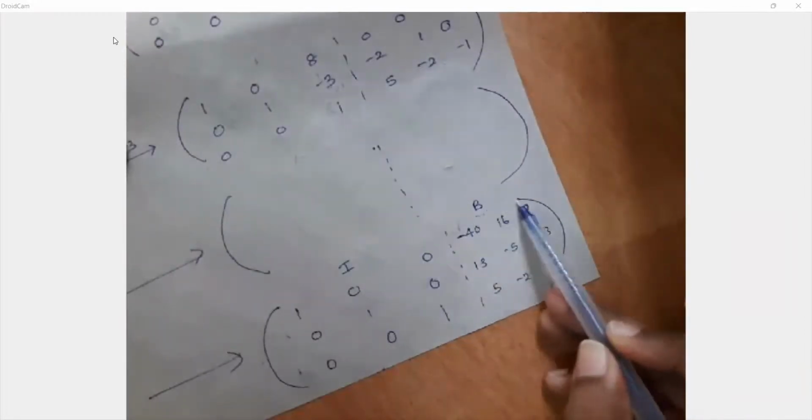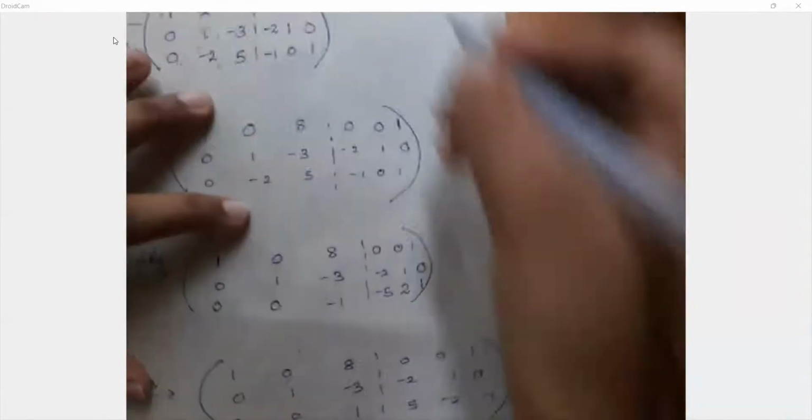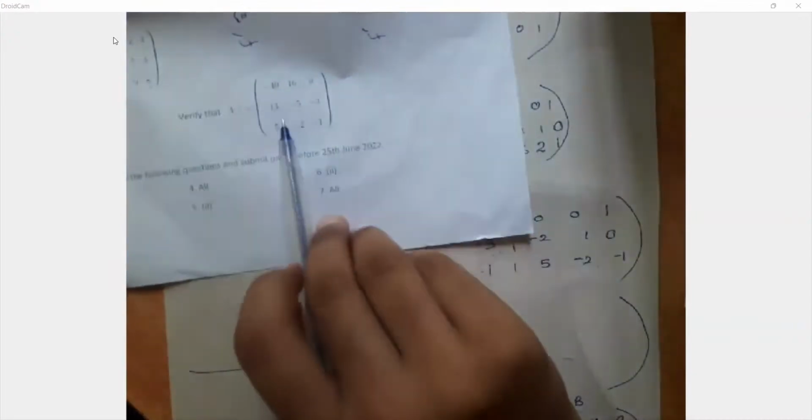This is our B. A inverse is B, where it is minus 40, 16, 9, 13, minus 5, minus 3, 5, minus 2, minus 1. This is the A inverse. Yes, it is the same answer as in the given question. So this is true.